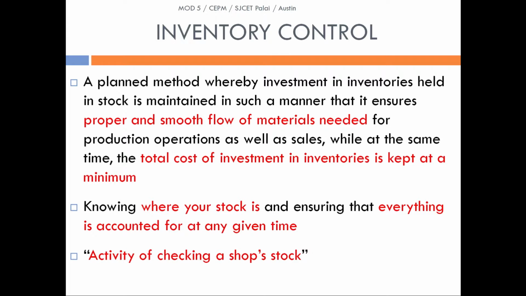For example, if you are talking about the stock of a shop, we know that a particular product is required by around 20 to 25 customers in a year. But there is no point for the shop to have a stock of about 100 to 150 per year, because they need a large amount of money to make the stock, and at the same time it will be very difficult for them to store it. So from an economic point of view, and an inventory control point of view, they will have to analyze how many products will be sold by the shop in a year, how many customers there will be, and they have to make the stock or inventory according to that.